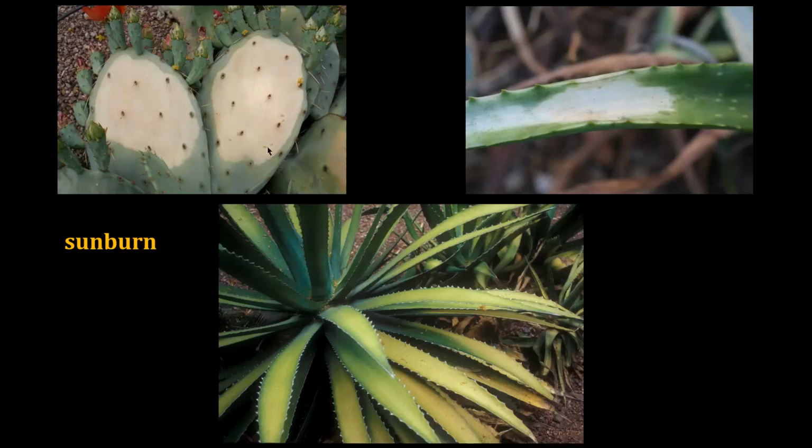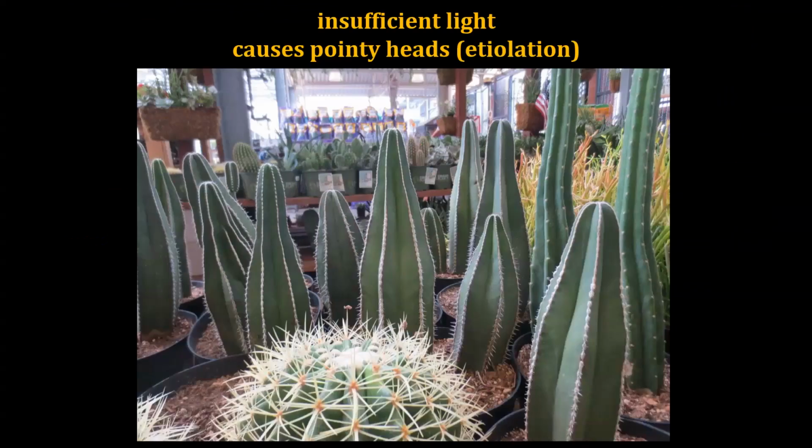So we need to pay attention to the signs that our plants are trying to tell us, hey, I need shade. What happens if you use that 85% shade cloth? Probably you'll get etiolation, or a former curator at the Desert Botanical Garden would refer to these as pointy heads.